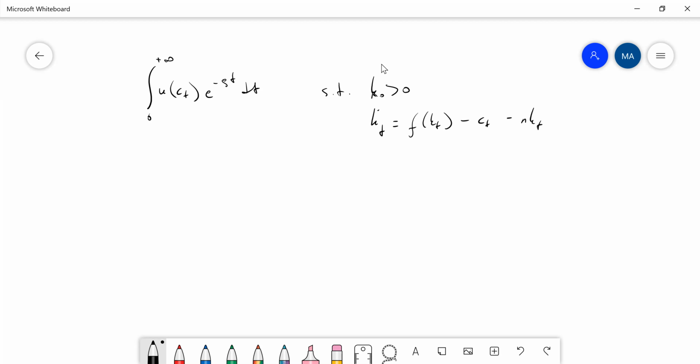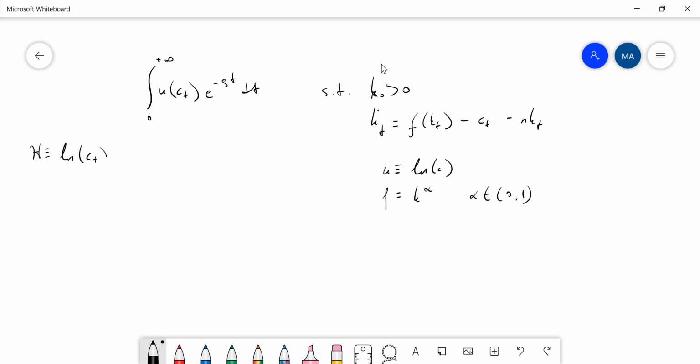We studied this problem in this particular example, with the logarithmic utility function and the Cobb-Douglas production function. So the current value Hamiltonian is something like this.